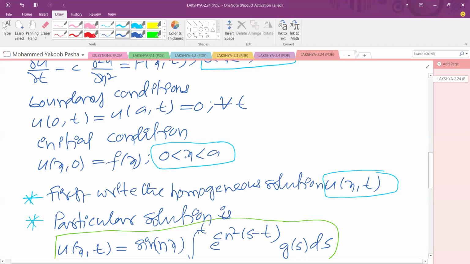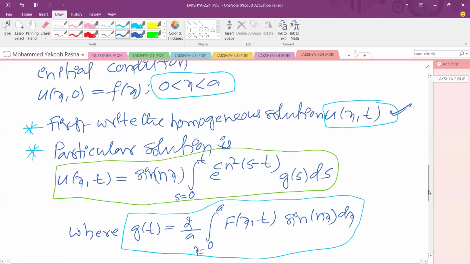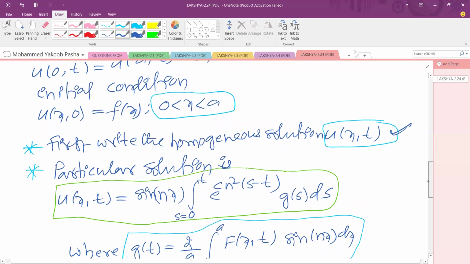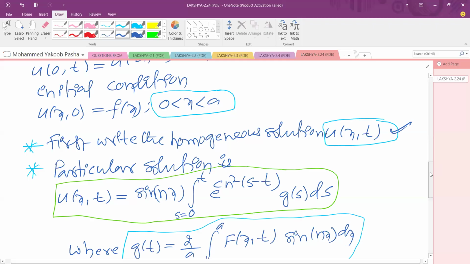In this case, first we have to find the homogeneous solution u(x, t). This is the first step. Next, for the non-homogeneous solution, we need to calculate a particular solution.